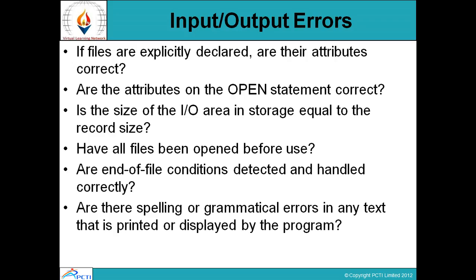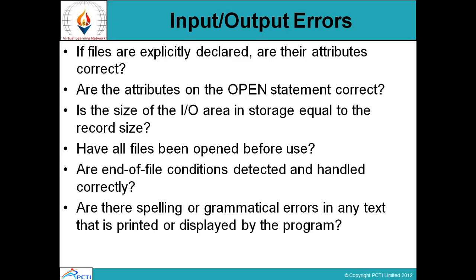Next is the kind of input output error. If the files are explicitly declared and the attributes are correct, this is to be checked here for input and output errors. Are the attributes on the open statement, the open statement that we are putting in, clearly declared or not? Is the size of the input area storage equal to the record size? Have all files been opened before use?